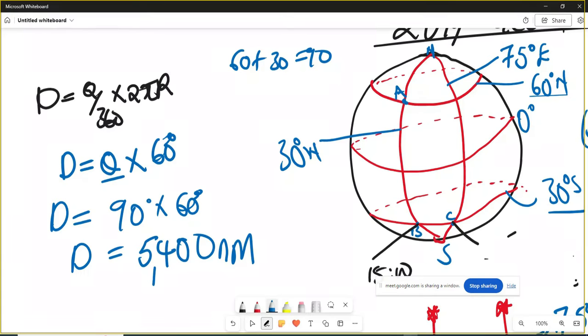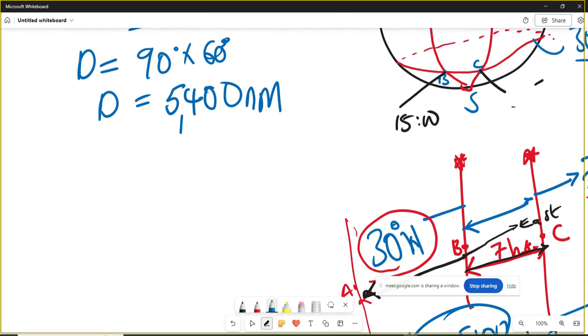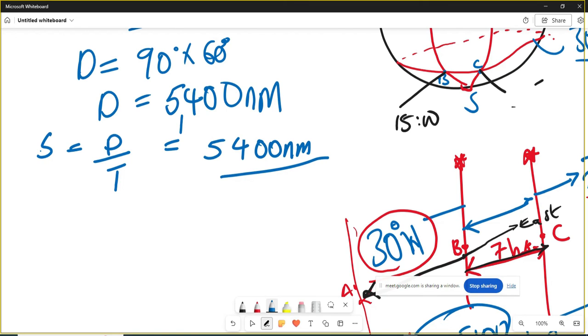So the distance AB is 5,400 nautical miles. Now this is not the final answer because we are looking for speed. So now we'll go to the formula for speed. Speed is equal to distance over time. The value for distance we have calculated is 5,400 nautical miles over the time taken.